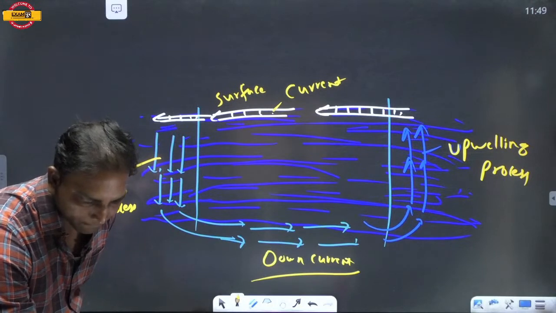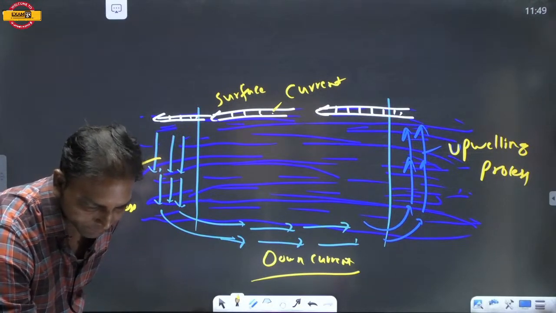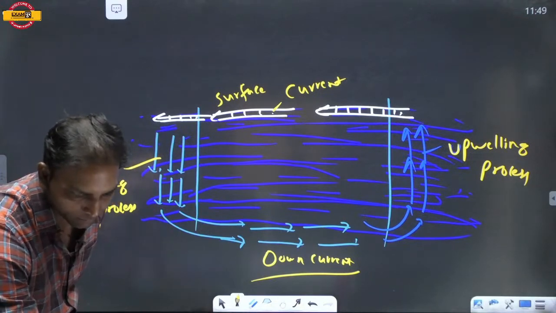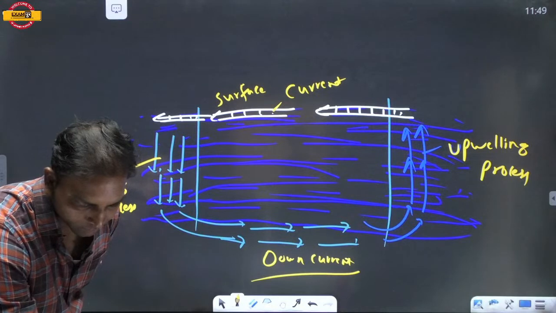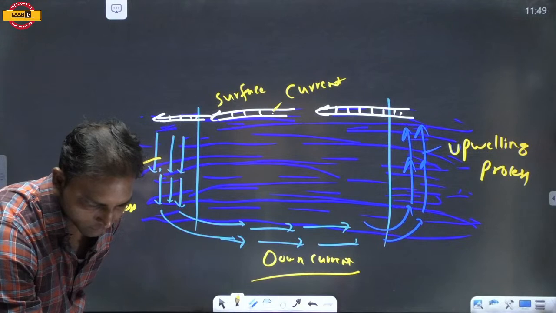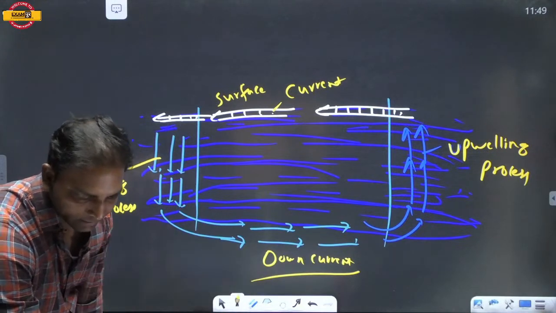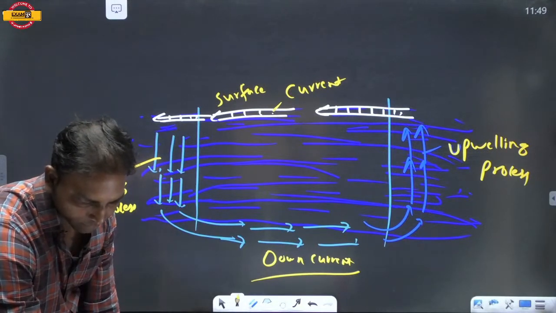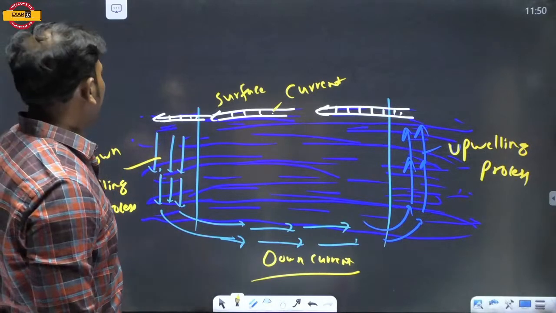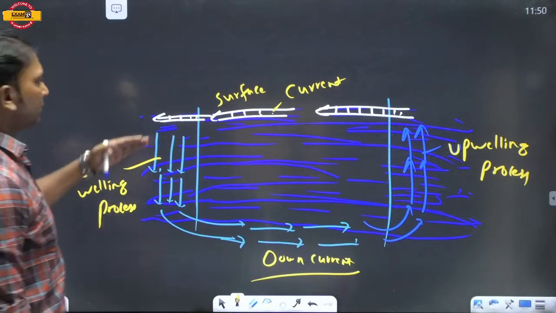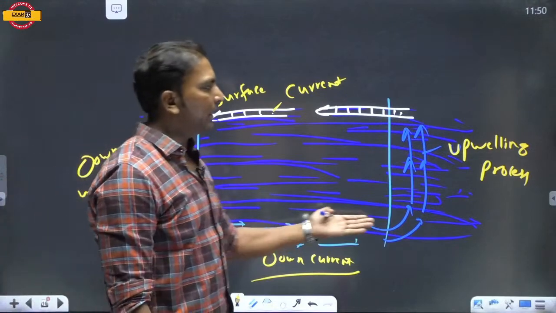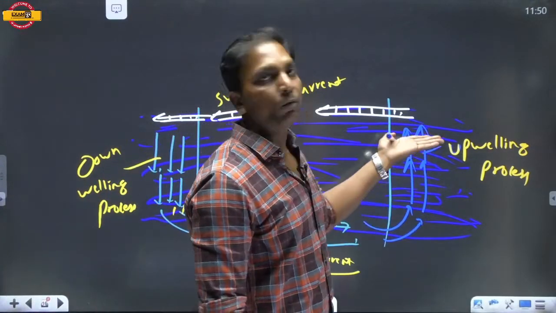Is it clear? So this is the underwater current basically. And here it is the downwelling process in which the water moves downwards, and here you can see by the upwelling process the water moves upwards.